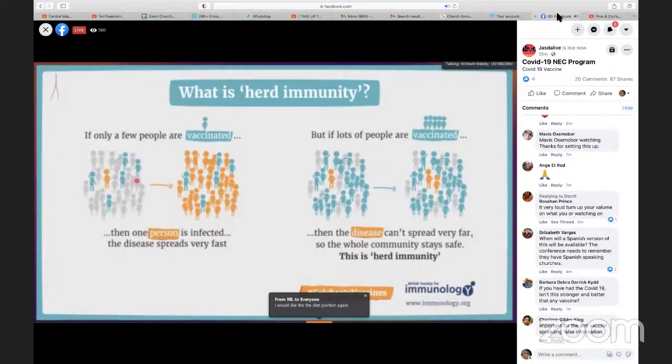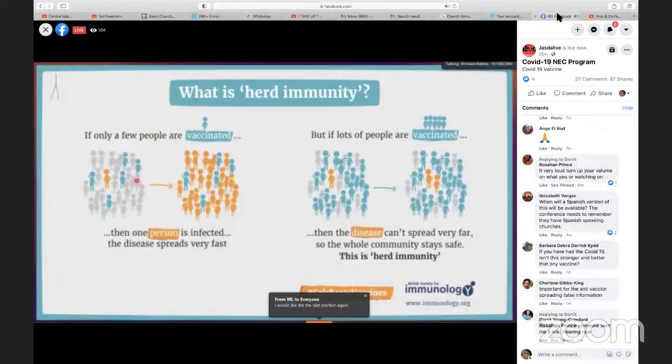In this diagram, you have a few people who have been vaccinated, in blue, and you have one person who is infected. This one infected person can now go and infect others.